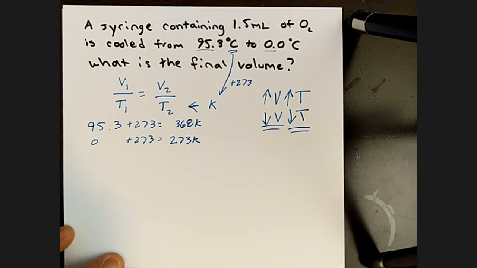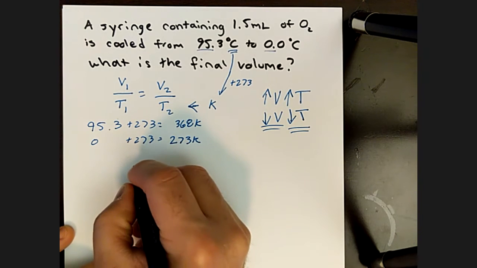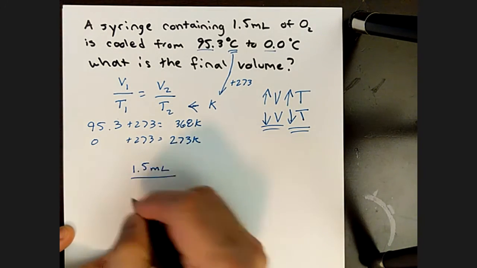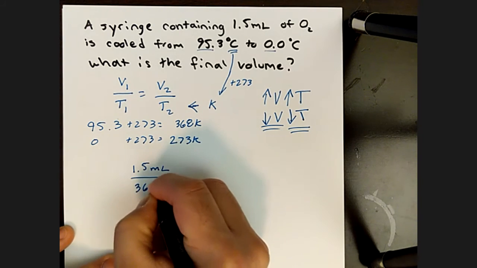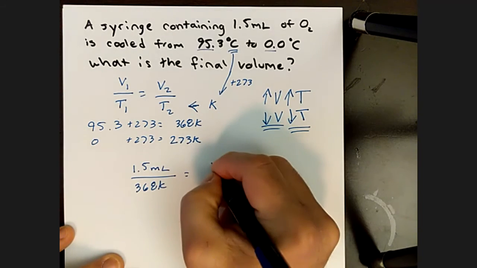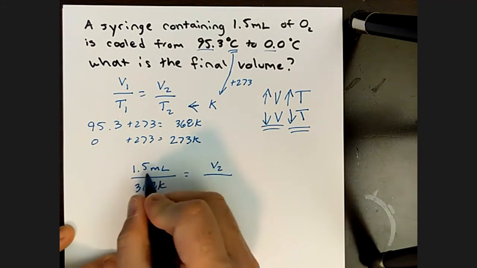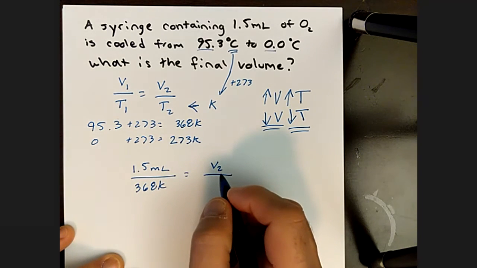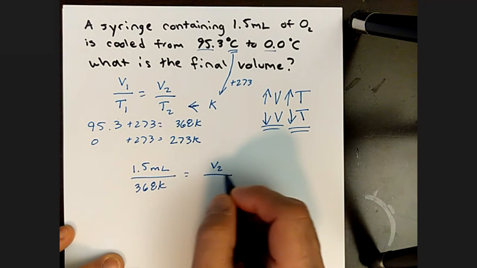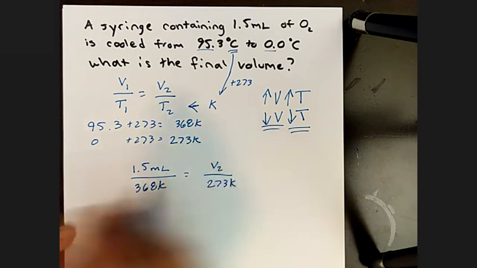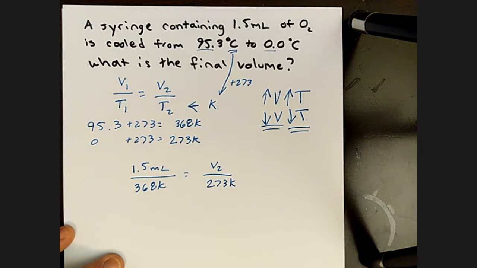And so when we plug this in, my initial volume is 1.5 milliliters, and it was initially at 368 Kelvin. And my second volume, again, the volumes can be the same unit, there's not a limit here, as long as it's not looking for liters or something. And 273 Kelvin is the second temperature I'm given.